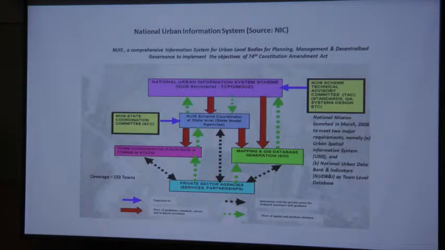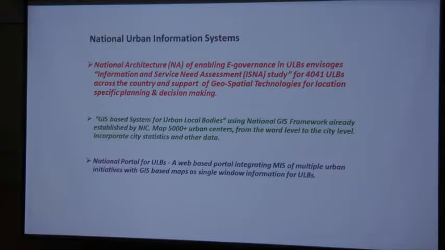Okay, and as part of it, National Urban Information Systems was created. And this is another very important initiative because it's a comprehensive information system for urban local bodies for planning, management, and decentralized governance. So this is a big goal, and NUIS directly sees the linkage between GIS and participation and governance.